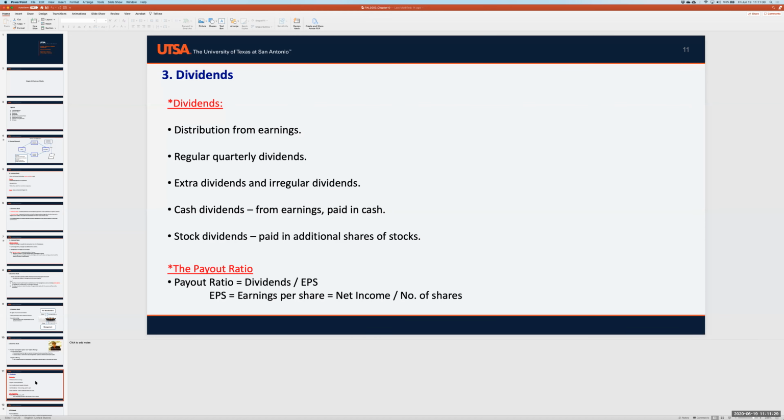They may want to pay the dividends, or other companies don't want to pay dividends. There could be different reasons why they choose one over the other. And they can pay extra dividends and irregular dividends, and the dividends can be paid in cash, or the dividends can be paid in stocks.